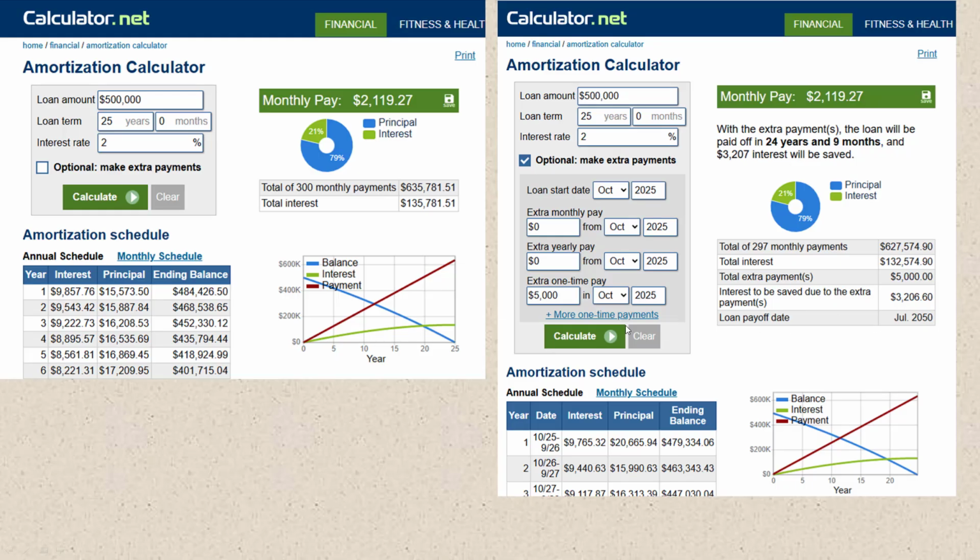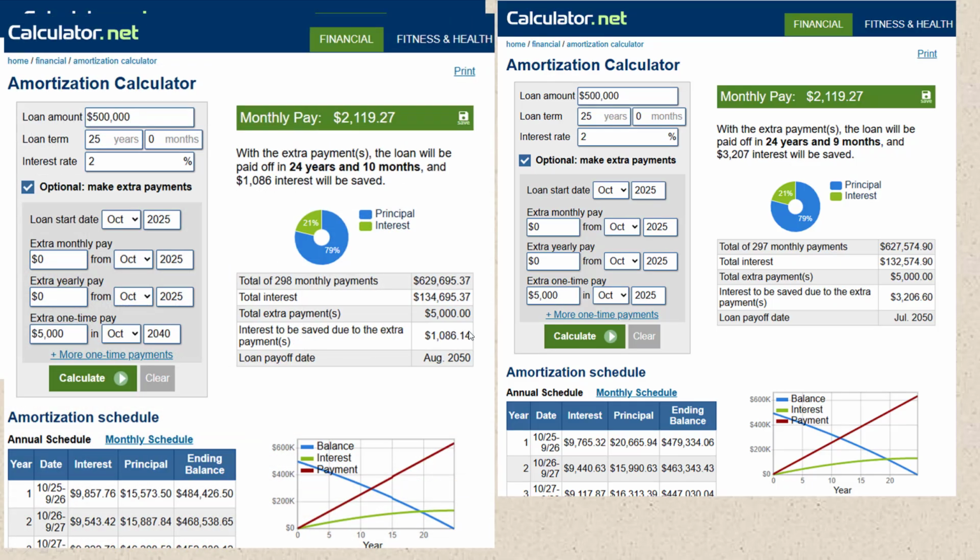Now, let's say instead of making the payment now, you make it much later. Instead of 2025, I'm talking about October of 2040. Same $5,000 payment. Now the amount of interest you're saving is $1,086. So you're still saving something, but notice you save more if you make that payment earlier. The earlier you make extra payments, the more you save.